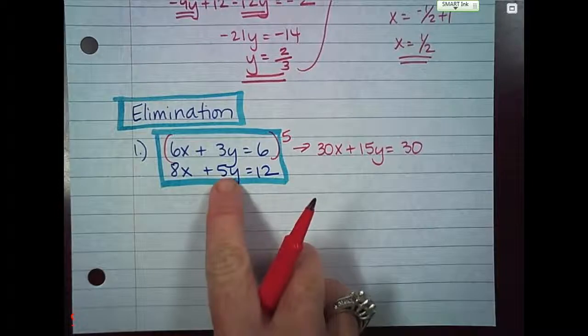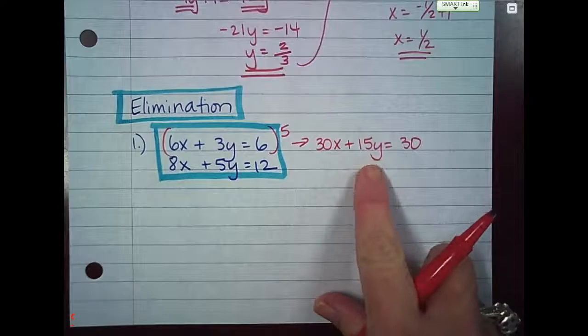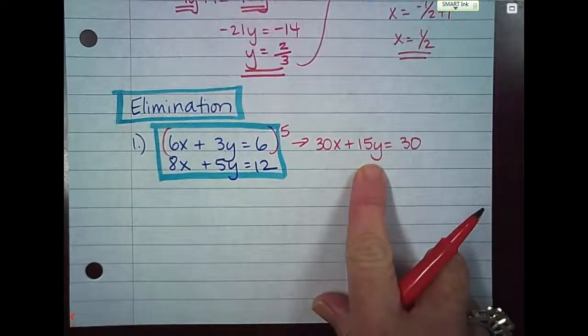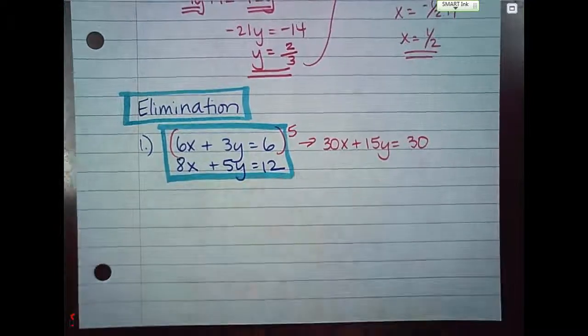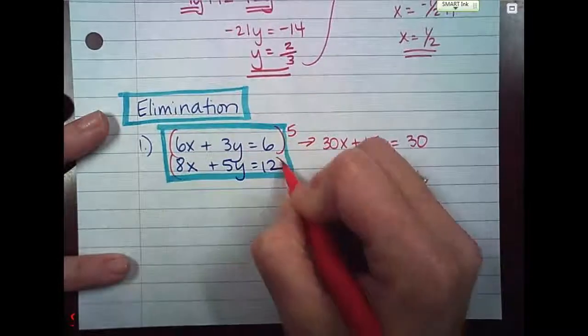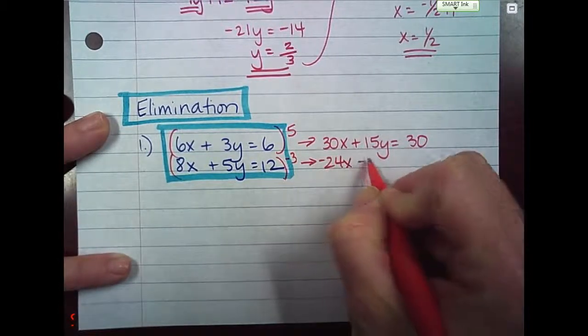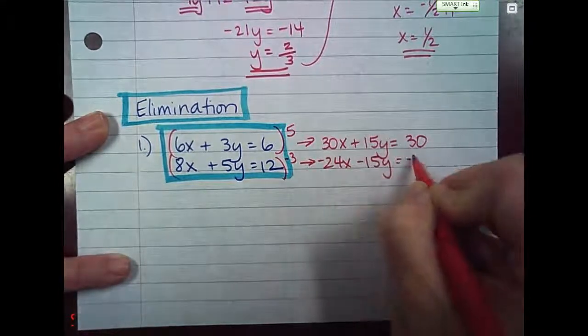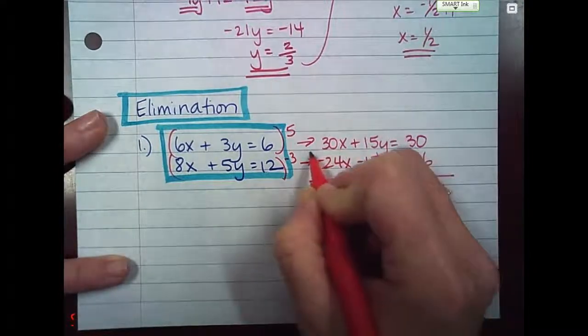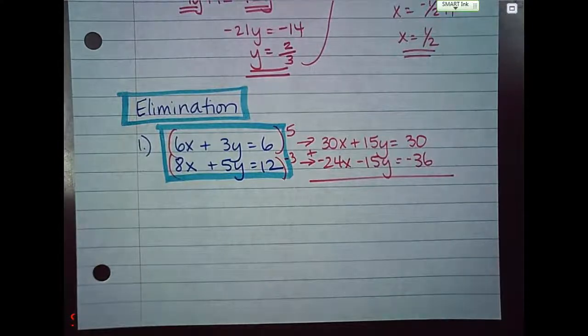I need to change the 5, so it's going to be not a 15y, but a negative 15y. So what do I need to multiply that second equation by? A negative 3. It's going to give me negative 24x minus 15y equals negative 36. And draw a line and add the two together.